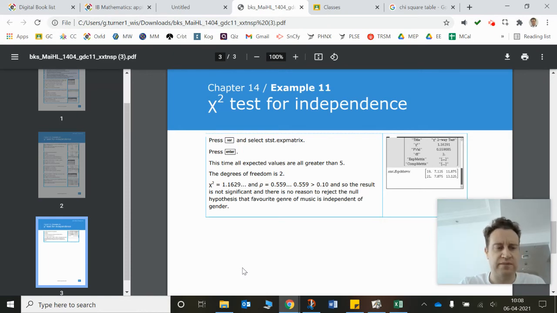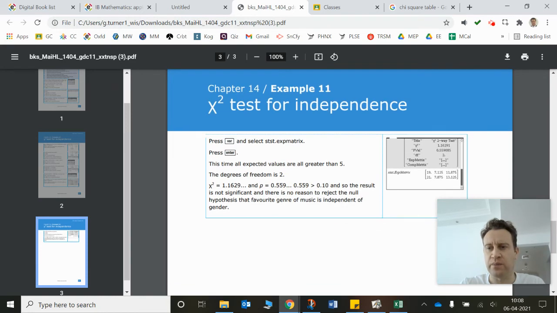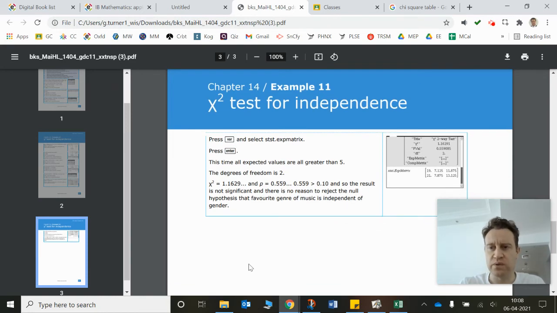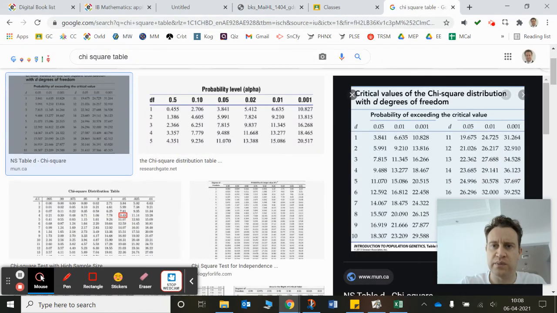So you're given that chi-squared value, which ordinarily, before the advent of calculators, you would need to then refer to a table. So here we go. Here's a chi-squared table. So you'd need to compare your value, just looking at this one on the right-hand side here, you'd need to look at the critical value for the chi-squared distribution.